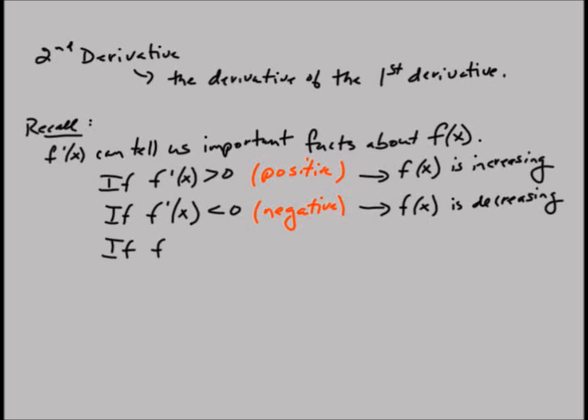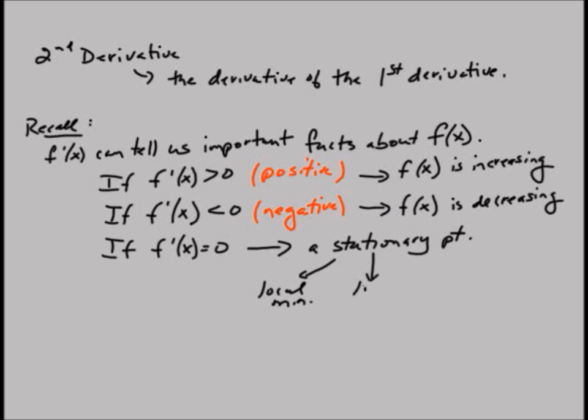And if the derivative is equal to 0, we know that we have one of those stationary points. And remember, there are 3 situations: a local minimum, a local maximum, and a stationary point of inflection, or horizontal point of inflection.